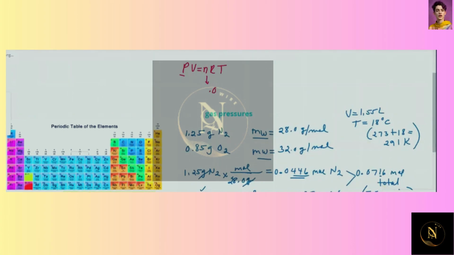The temperature, in Kelvin, is 291 Kelvin. The pressure is what we're solving for, and the volume of the container is 1.55 liters.